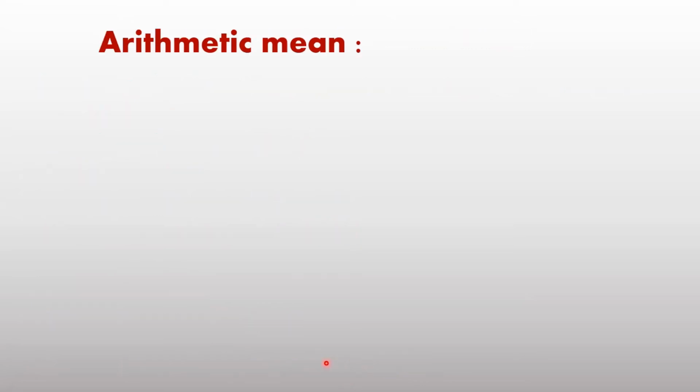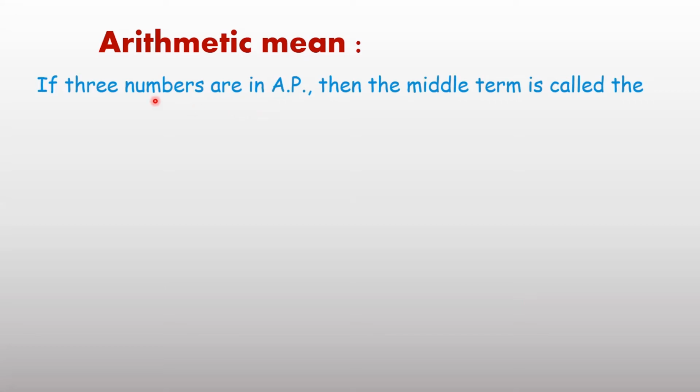Now next, arithmetic mean. If three numbers are in AP, 2, 4, 6, three numbers are in AP, then the middle number is known as the arithmetic mean between the other two numbers. If three numbers are given as 2, 4, 6, then 4 is known as the arithmetic mean of 2 and 6.